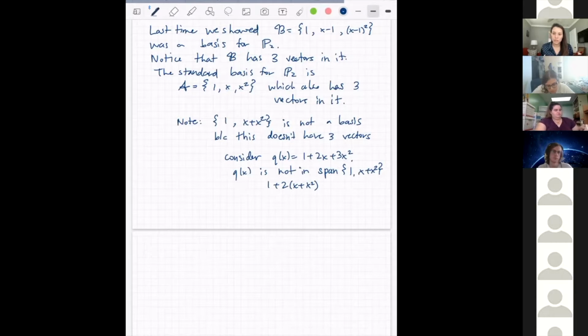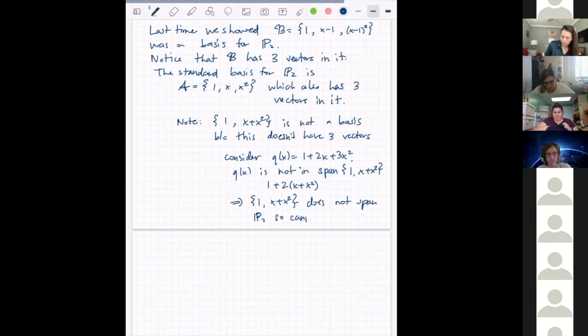And then if we multiply that by 3, then we don't get the proper coefficient in front of x. So we can't write Q as a linear combination of these two polynomials. So it's not in the span, meaning that this set does not span P2. So it cannot be a basis.